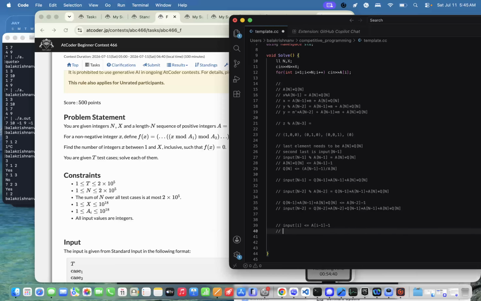And we also have input of I is equal to the sum over j from I to n of a of j times q of j. That's there.